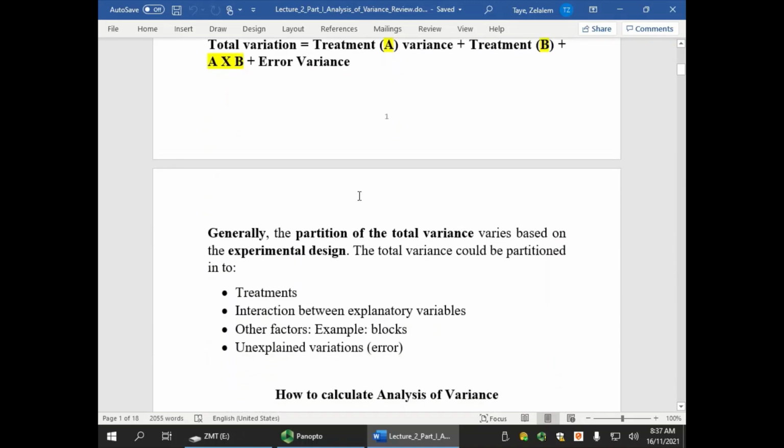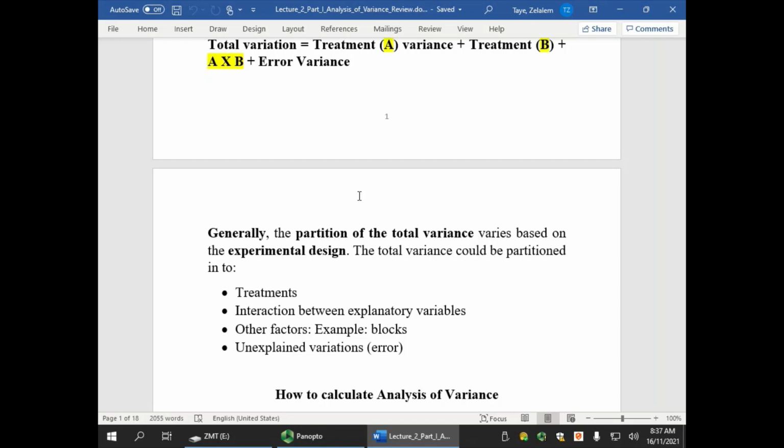Generally, the partition of the total variance varies based on the experimental design. Even with a small tweak, with a completely randomized design, when we have one factor and when we have two factors, it is a little bit different, right? So you need to understand what your experimental design is and think of what could be the sources of variation in your data, which then sum up into the total variation.